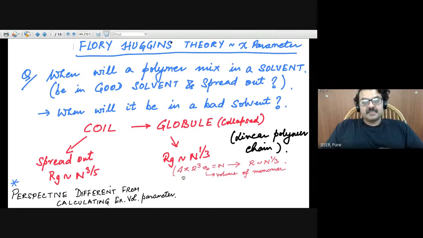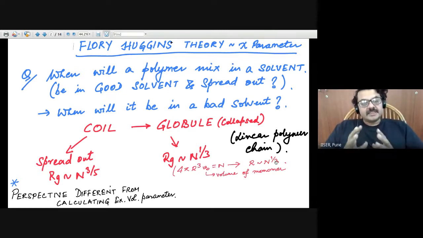In that case, 4 pi by 3 r cubed, r being the estimate of the radius of gyration size of the polymer, times the volume of a monomer, is equal to n, which is the total number of monomers in the chain. And from here you get r goes as n to the power 1/3.